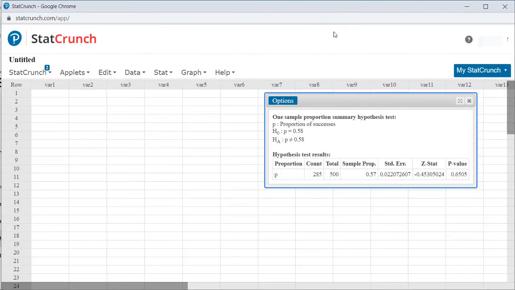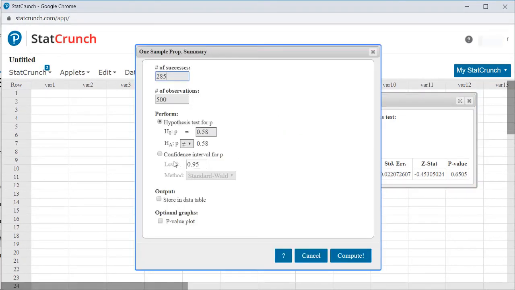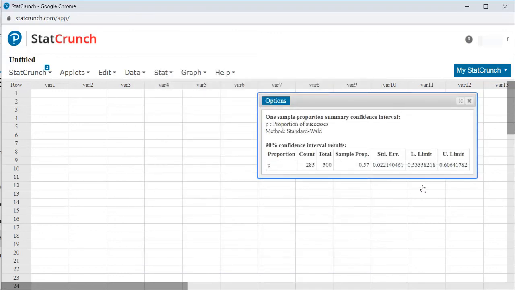And then, of course, remember, for the two-tailed test, we could also use the confidence interval approach. I just enter my level of confidence, which, if we're using 0.10 for alpha, would be 1 minus 0.10, which is 0.9, times 100, so a 90% confidence interval, and I could compute that.